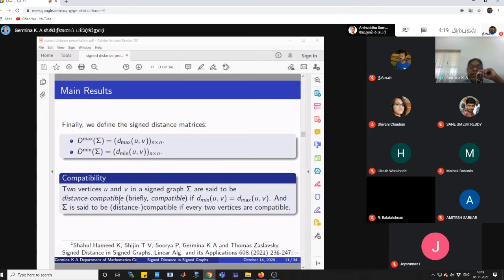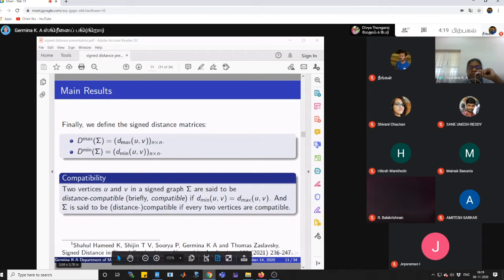So in a given signed network, you may have compactable vertices, but as a whole sigma need not be compactable. There are different cases that we will consider now. If every pair of vertices satisfies this relation, d min of uv equals d max of uv, then we say that the signed network itself is distance compactable.